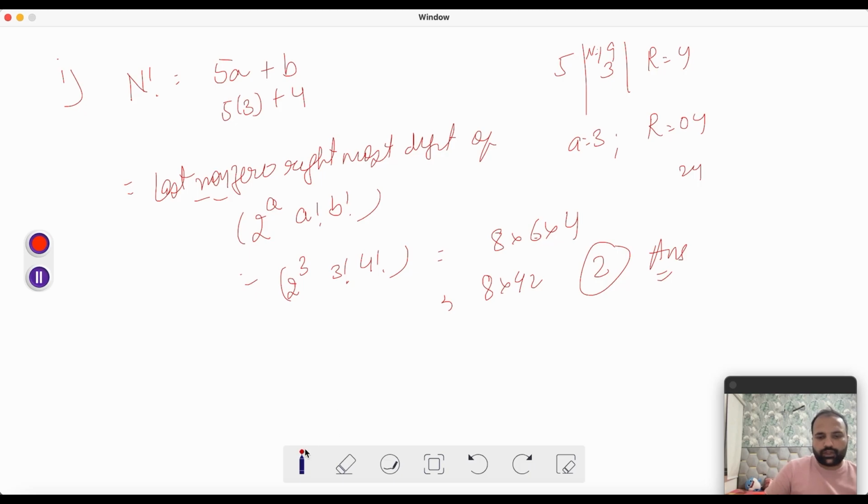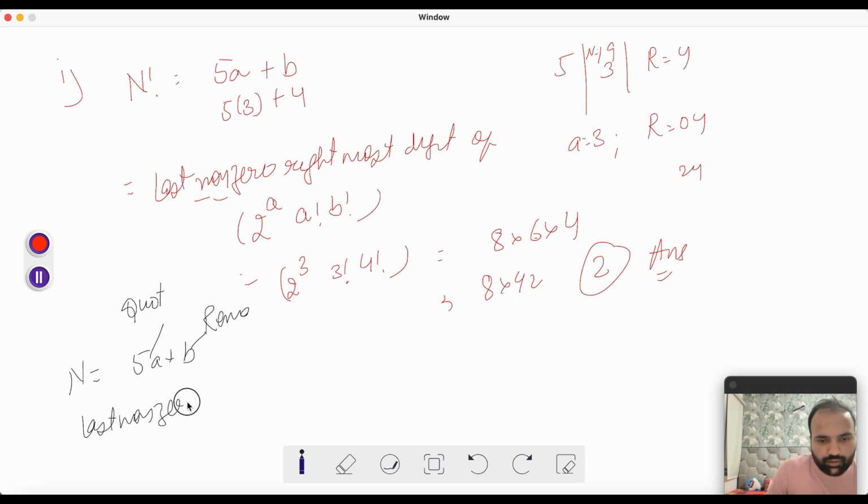So what did we do? The first step is to break the factorial in the form of 5a plus b, where a is our quotient and b is our remainder. Once we have done that, we take the last non-zero digit and put it in the form of 2 to the power a, a factorial, b factorial.